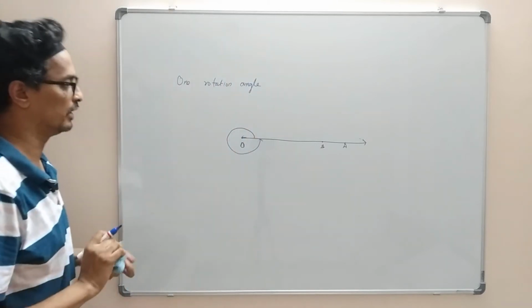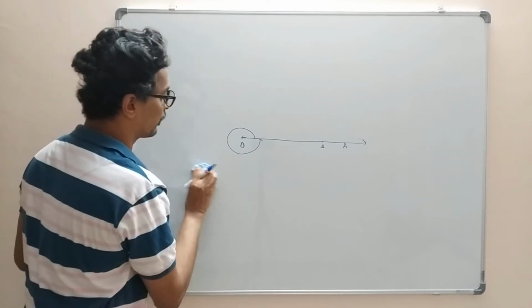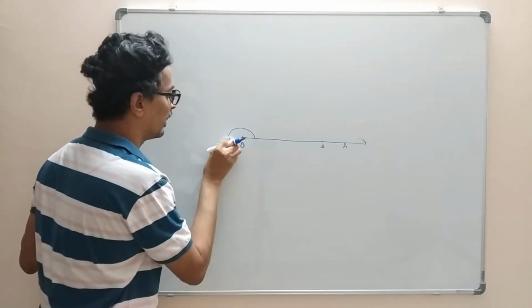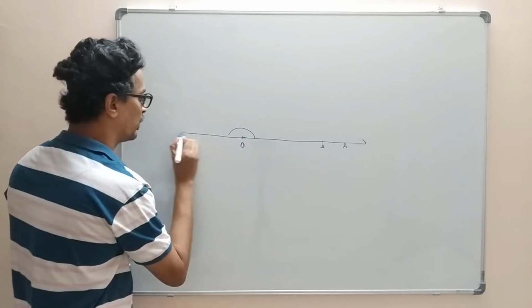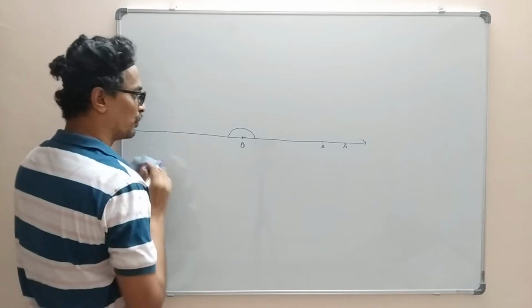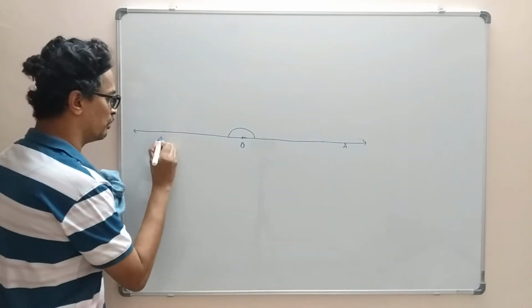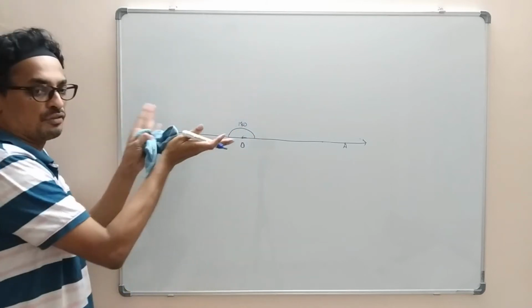One rotation angle. Similarly, instead of making one rotation angle, I can rotate the ray by 180 degree. So this is going to be your new position B. If this angle is 180 degree, combined this is going to form a line.